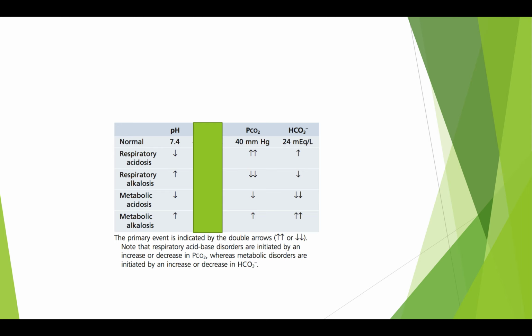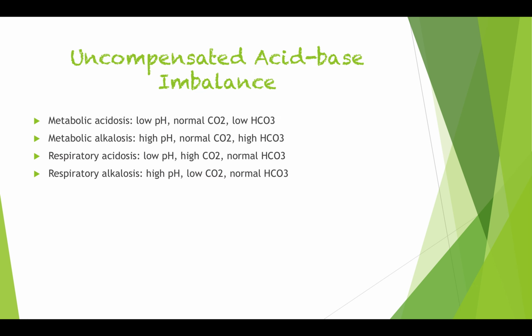So this is a table illustrating how the pH goes in an opposite direction in cases of respiratory problems and goes in the same direction in cases of metabolic problems, as you see. So is there a faster way to suspect that there is an uncompensated condition?